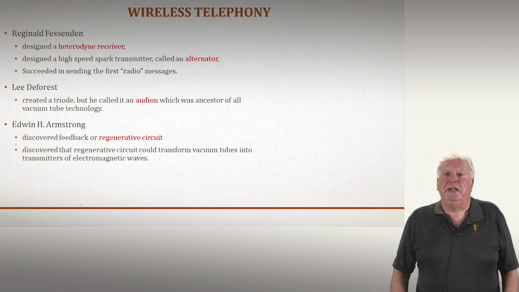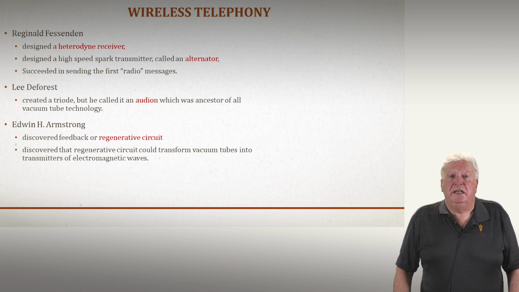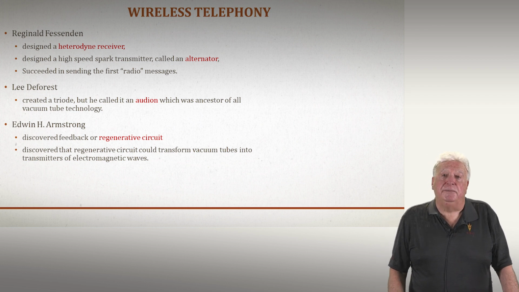By adding a third element to a diode, DeForest created a triode, which he called an Audion, to signify that it could detect a continuous electromagnetic wave, the kinds of wave that made wireless telephony possible.